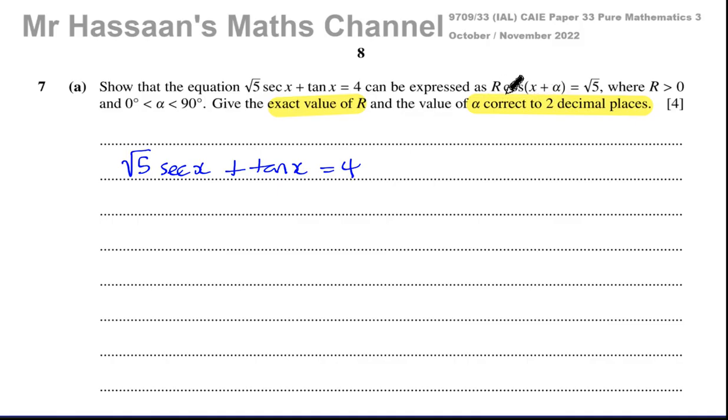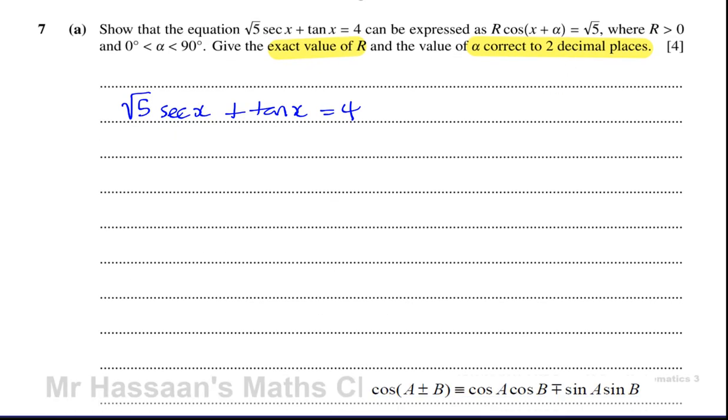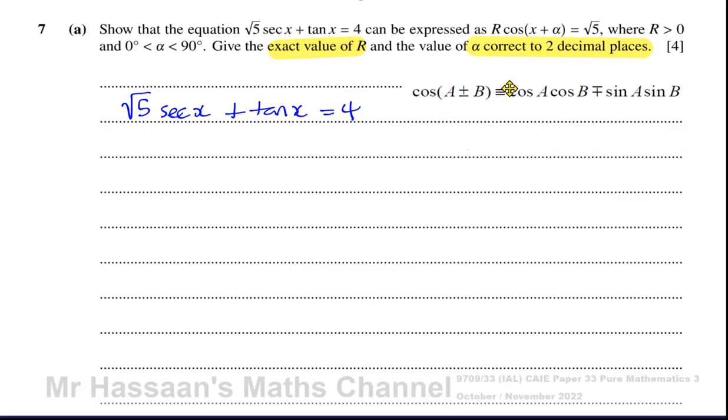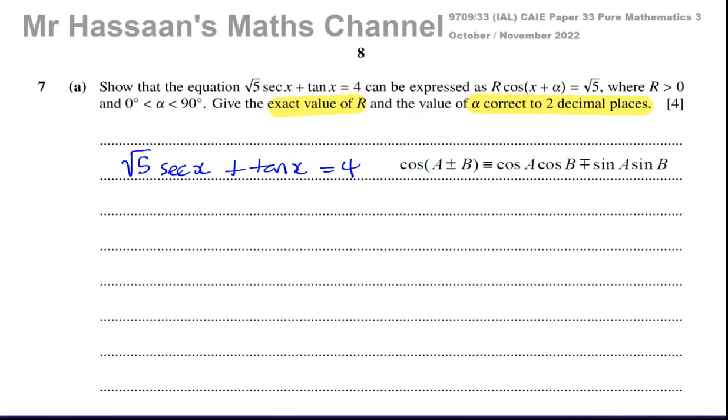If you've got to write something in terms of R cosine (x plus alpha), we have to think about the addition formulae. The addition formula that fits with this is the one for cosine (A minus B). I have the formula here from the formula sheet, and we need to apply it in this situation.